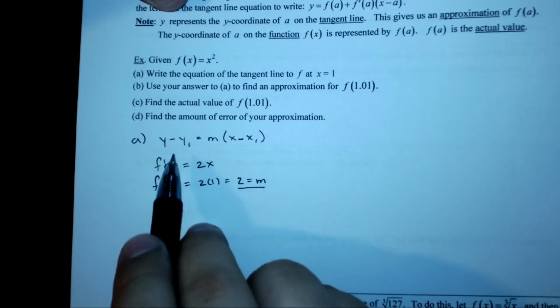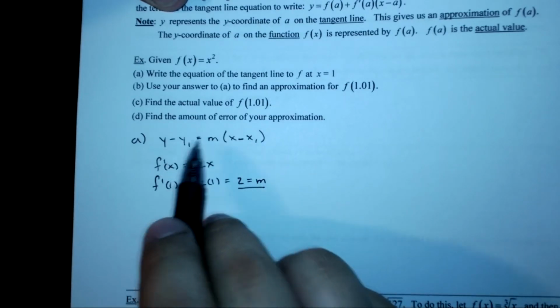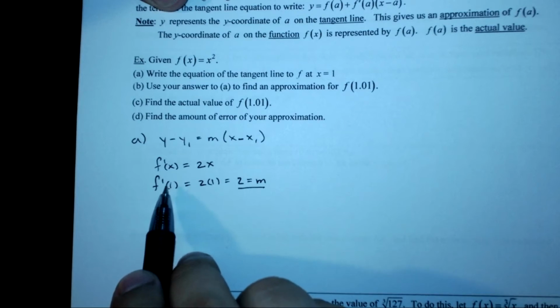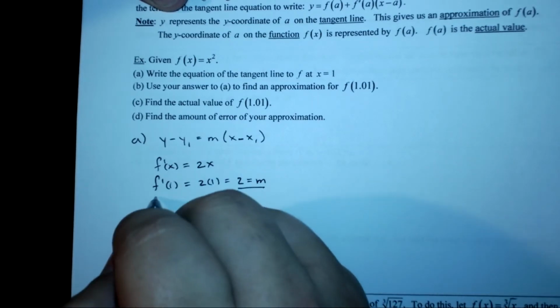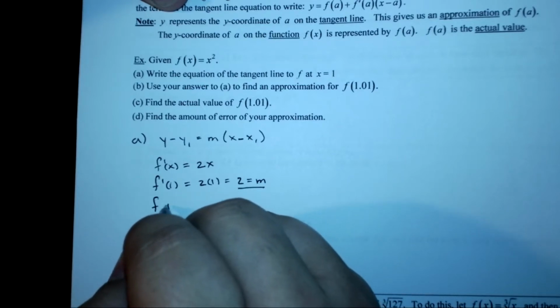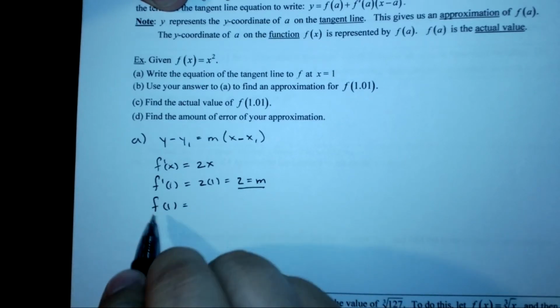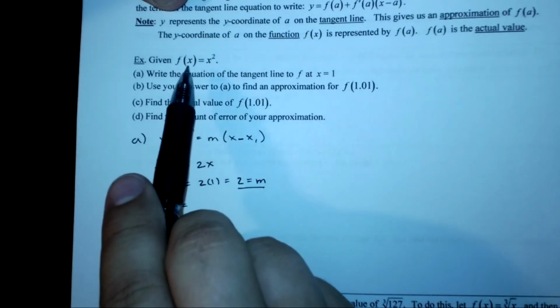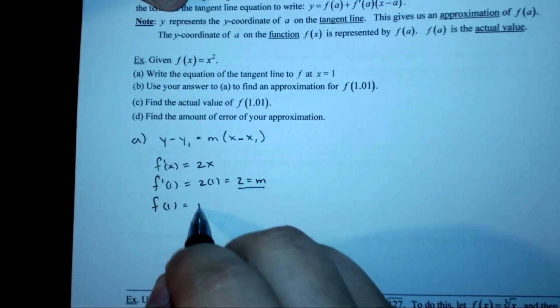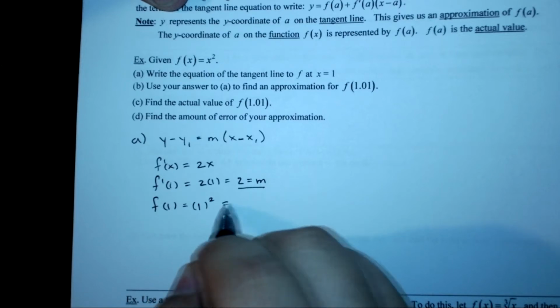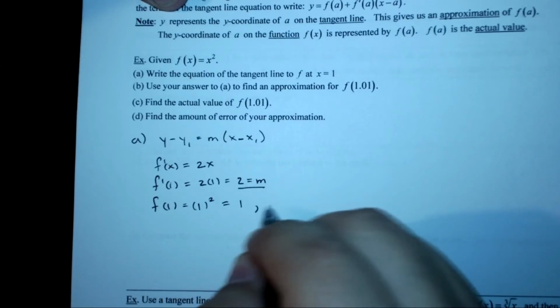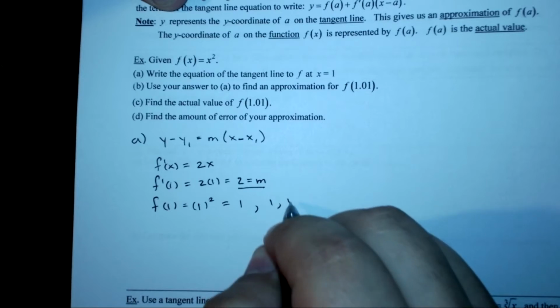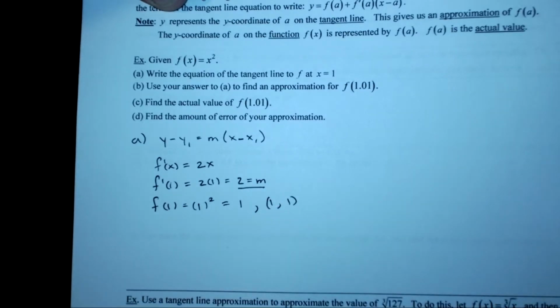Now we need to figure out x1, y1. Well, we know x1 is 1. However, how do we find y1? Well, f of 1 is equal to, plugging into f of x equals x squared, 1 squared, which is just 1. In other words, we're looking at the point 1, 1, right?